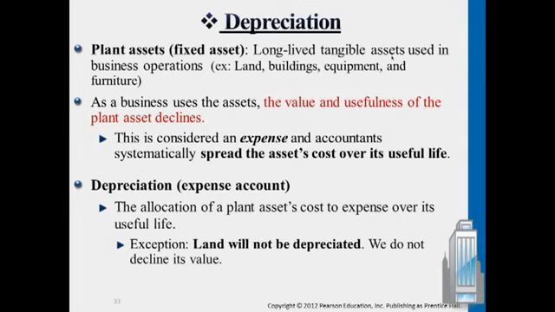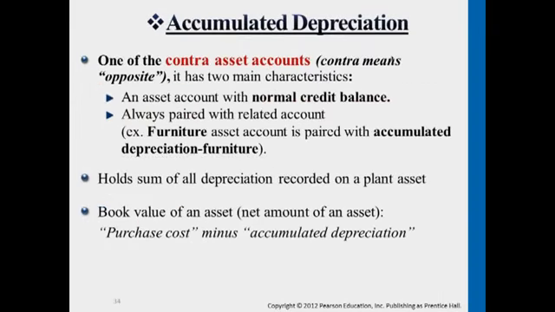Okay, so one of the accounts that we'll be using for long-term assets will be a depreciation account. This depreciation itself is an expense account. So whenever we record that, assuming $100, it will be captured under the debit side. We're trying to allocate the plant asset's cost to an expense account.